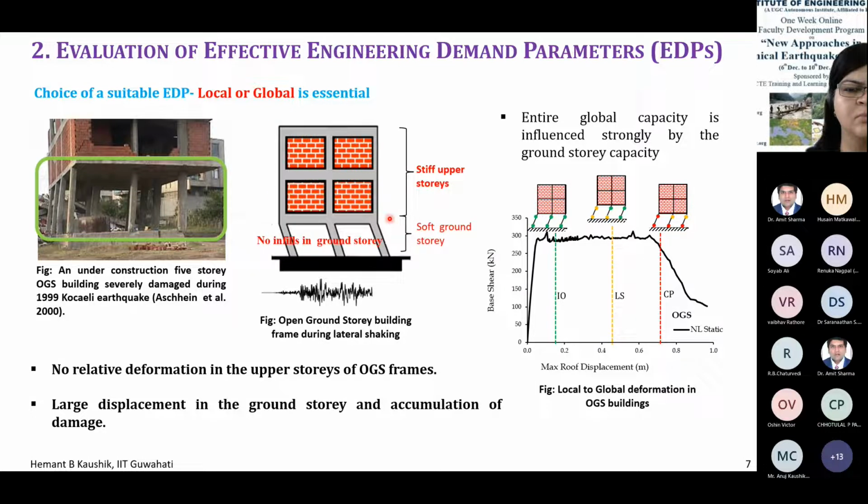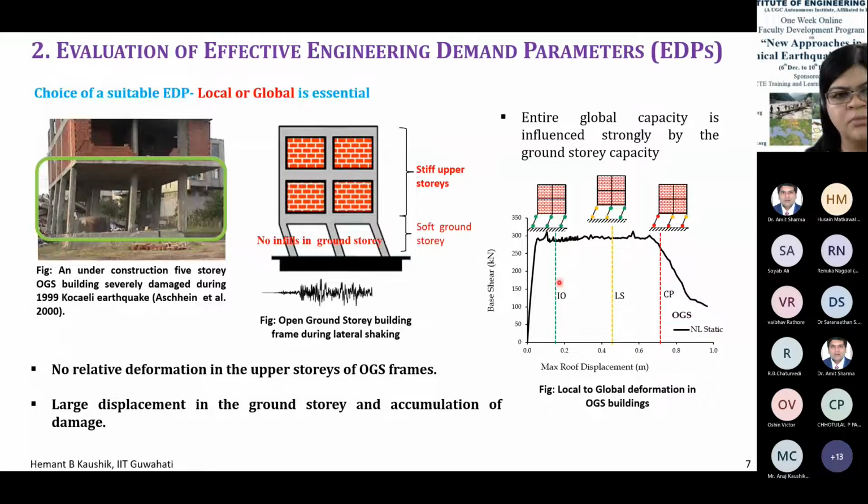So in such a situation, what happens? What we will do is compare the local to global deformations in these open ground story buildings, considering some of the points which are generally taken on the force deformation envelope curves, right? So, for example, here is the nonlinear static pushover curve.